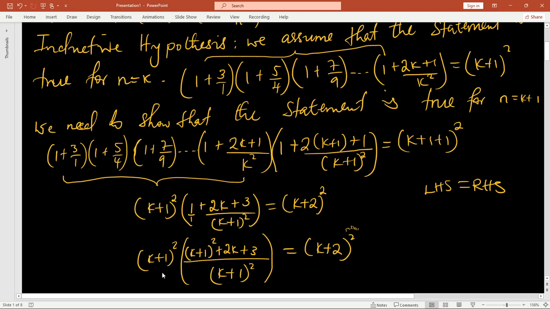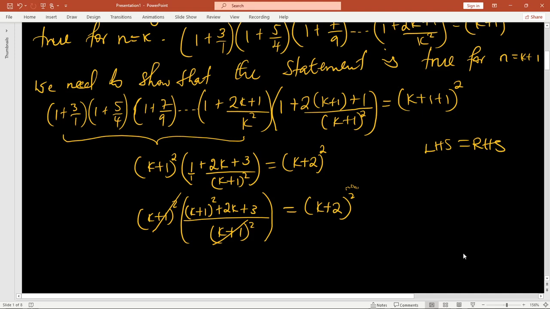Now, since these two terms are multiplying here, this term and that term can simply cancel out, leaving us with k plus 1 squared plus 2k plus 3 equal to k plus 2 squared.